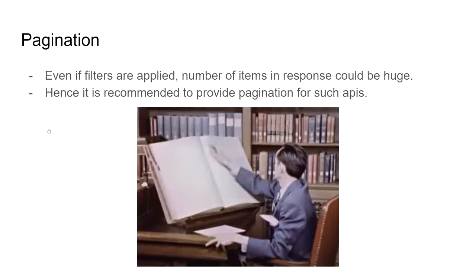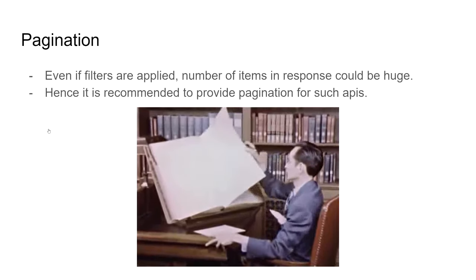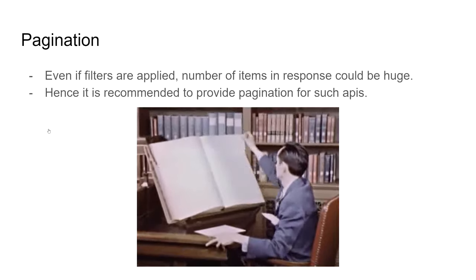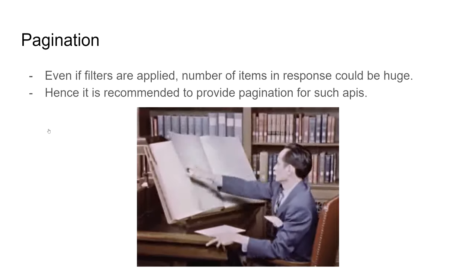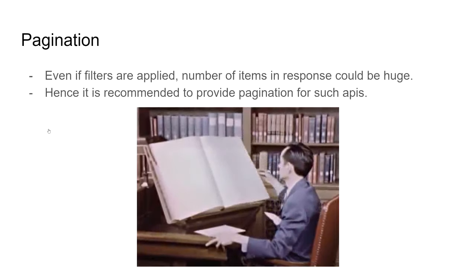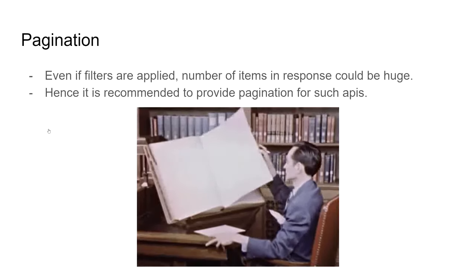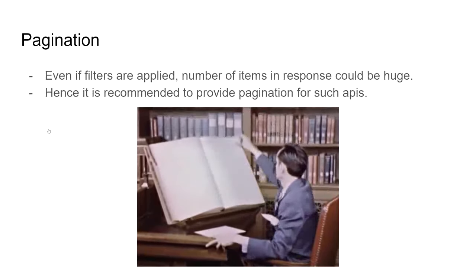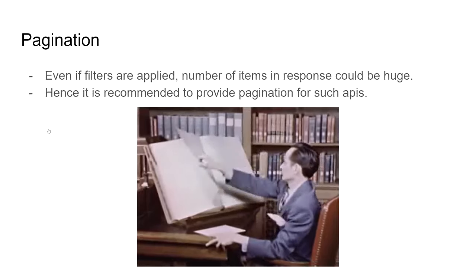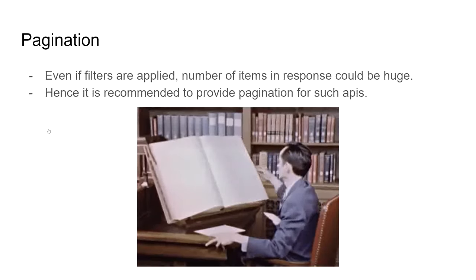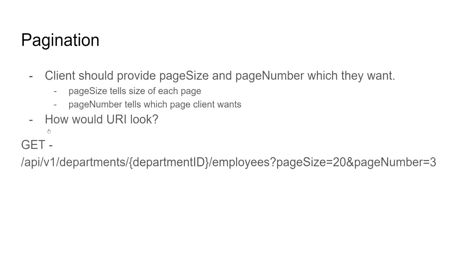If someone requests for all the reservations, and if you by default send all the reservations till now, then a lot of memory would be required, right? So by default, you should never send all the records if you know that there is going to be a huge amount of records. So for that you need pagination basically.